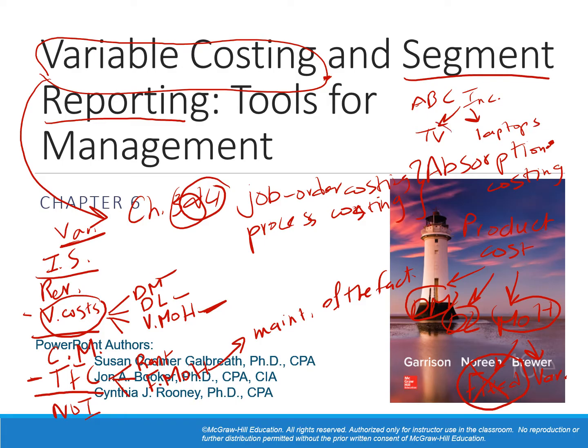Each of these two divisions has its own costs and accordingly its own segment margins or profits, and both of them together have some common costs. So we will learn how to prepare an income statement that shows whether the TV division and laptop division are each profitable, and what are the revenues and costs referring to each one of them.